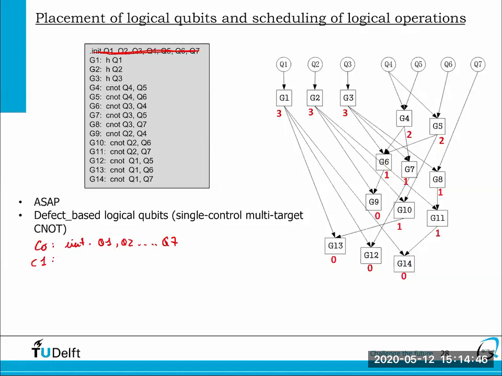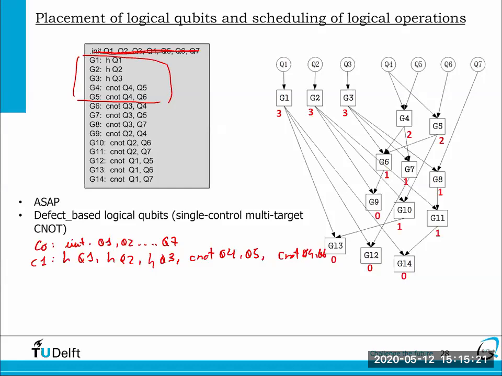Anyone who wants to tell me what operations I can perform in cycle 1 in this case? Is it G1 through 5? G1 till G5, all these ones, right? So I can do Hadamard Q1, Hadamard Q2, Hadamard Q3, and because I can do single control multiple target, I can do Q4, Q6.